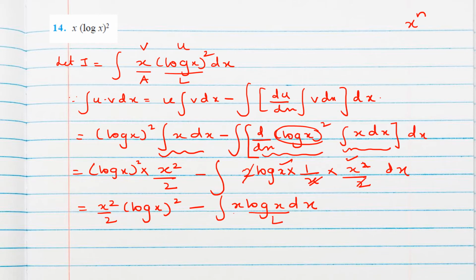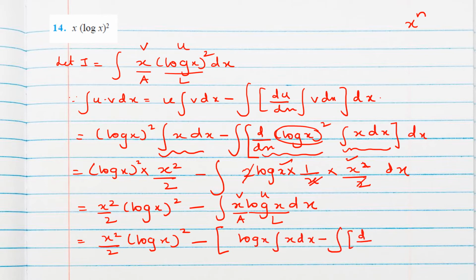This is L, this is algebraic, this is U, this is V. So for the second integral we have to apply integration by parts again: log x times the integral x dx, minus the integral of d/dx of log x times the integral x dx, then the complete integration.